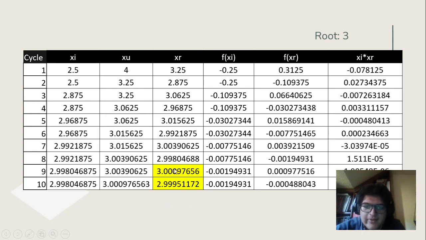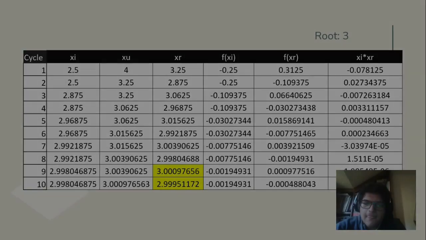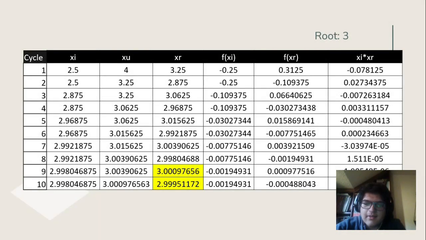Well, the upper values from 2 and the lower values of 3. And with that we can determine that the second root that we can get has a value of 3. We have our calculations, so the last thing I'll do is check the answers in the graph.